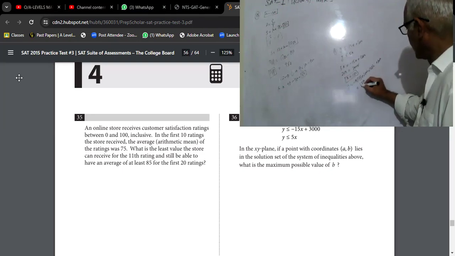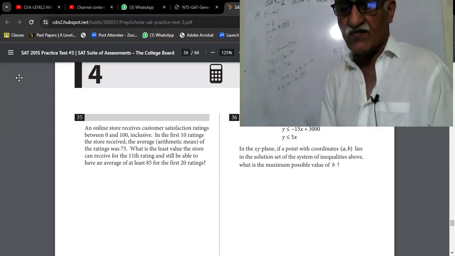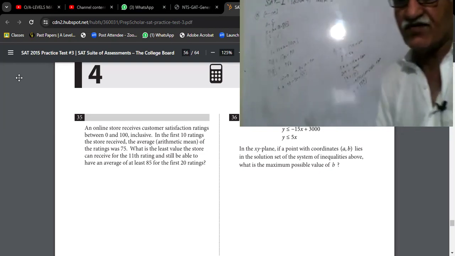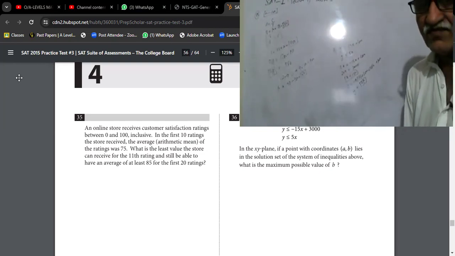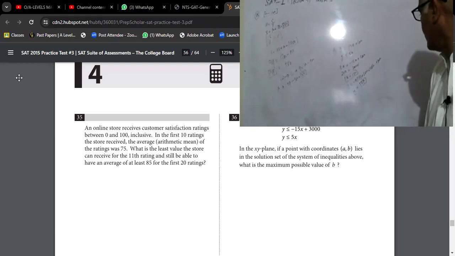So it is 750 there. So the value of B, if A is 150, then the value of B there is also equal to 750.